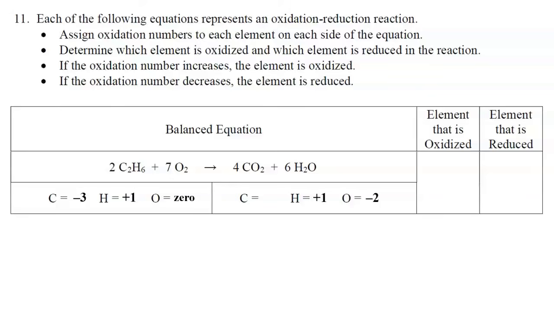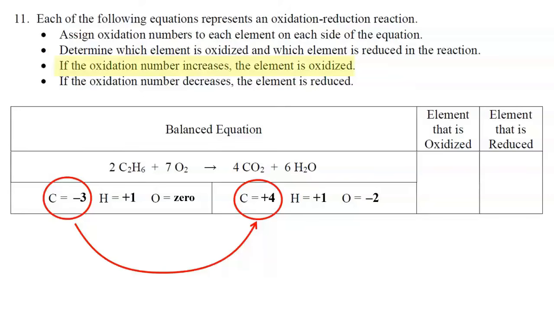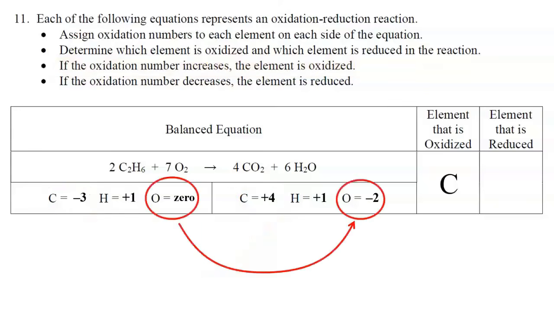In carbon dioxide, carbon is +4. Let's see what's changing. Carbon is changing from -3 to +4. That oxidation number is increasing. So carbon is being oxidized from -3 to +4. Oxygen is being reduced from 0 to -2.